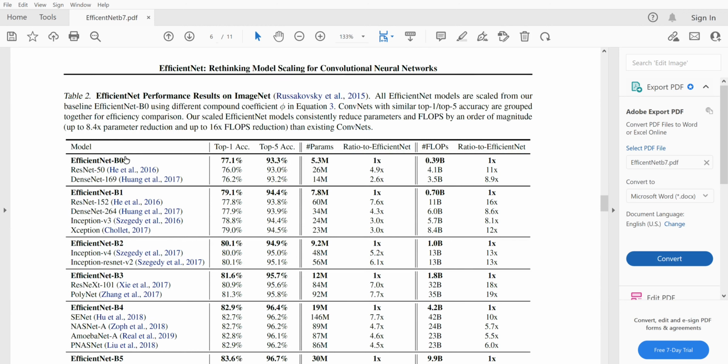Now you can see the parameters: EfficientNet-B0 has 5.3 million, while ResNet-50, at 76% accuracy, has 26 million, 4.9 times bigger, and 4.1 billion FLOPs, 11 times bigger.